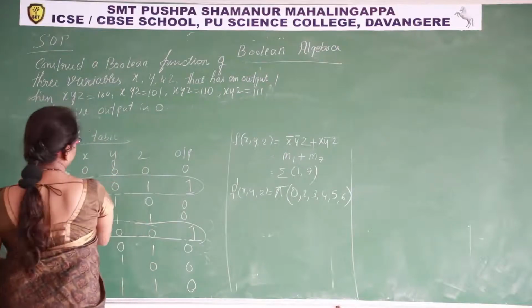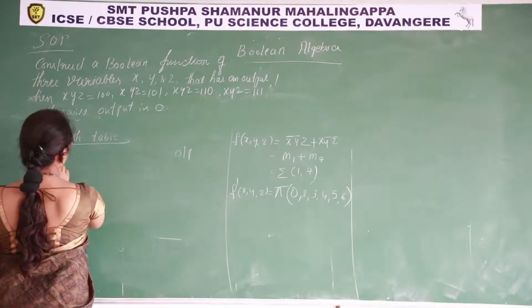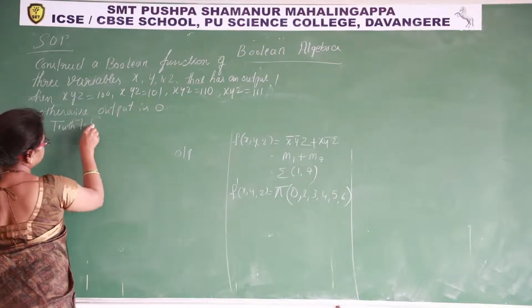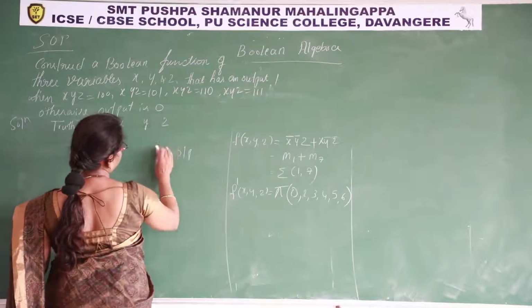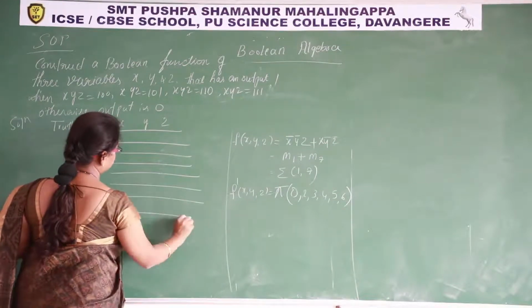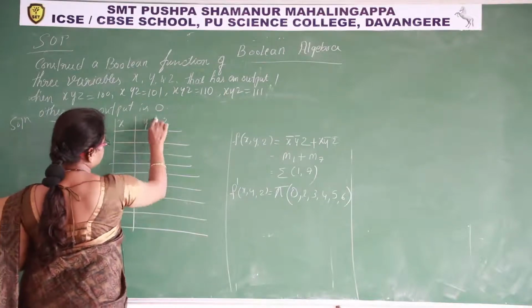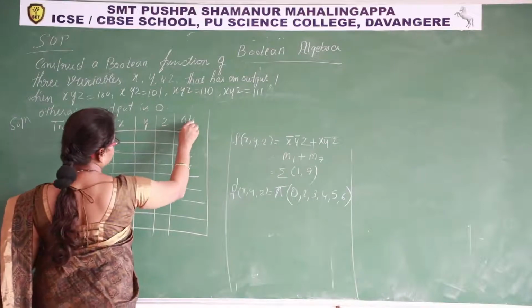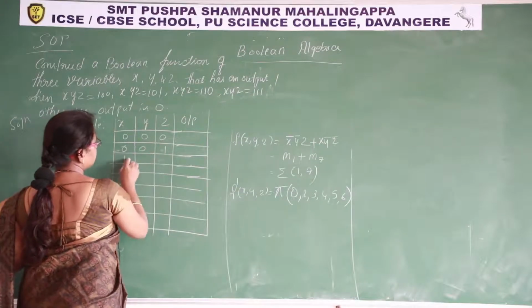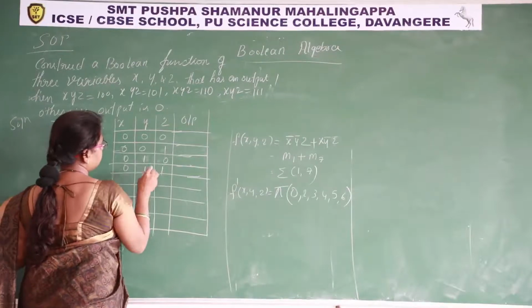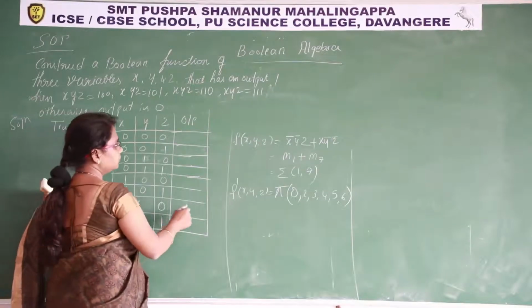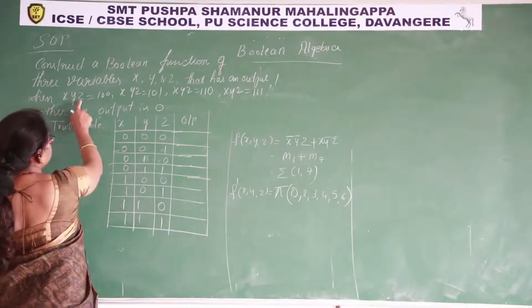Now the truth table, X, Y, Z: 000, 001, 010, 011, 100, 101, 110, 111. Now let us find the combination here, x y z 1 0 0.